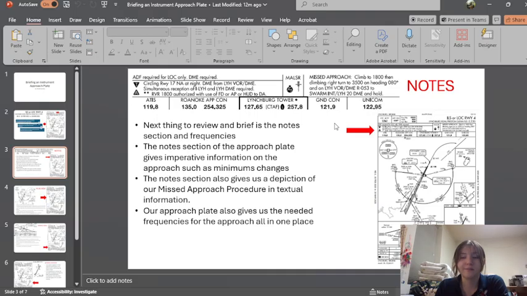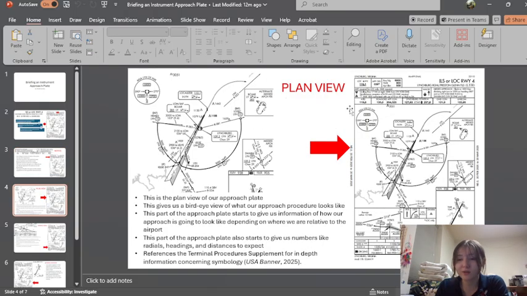And yeah, next we're going to be looking at the plan view of our approach plate, and this gives us a bird's eye view of what our approach is going to look like, depending on where we're starting off. So if we're starting at LOWSEC and doing the DME arc, it's going to look like that, or if we're starting at SCICAM, it's going to look different.